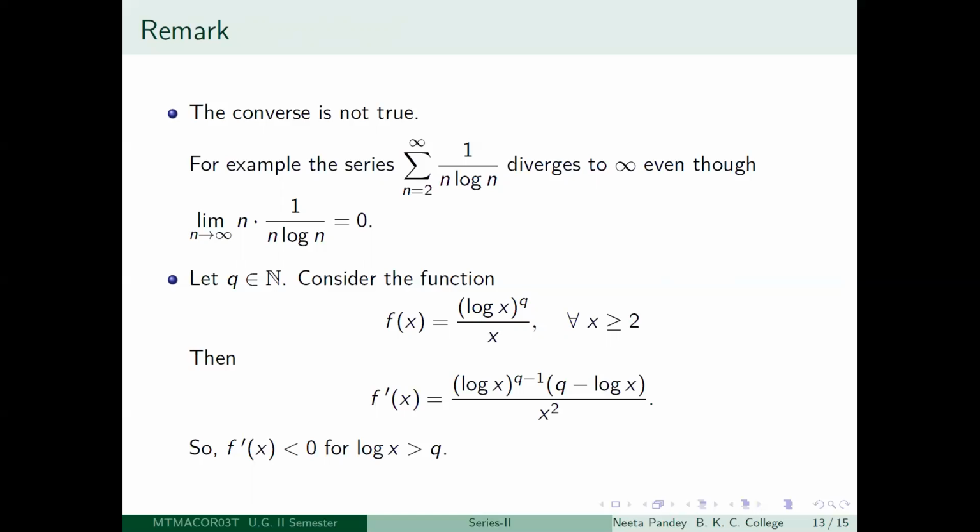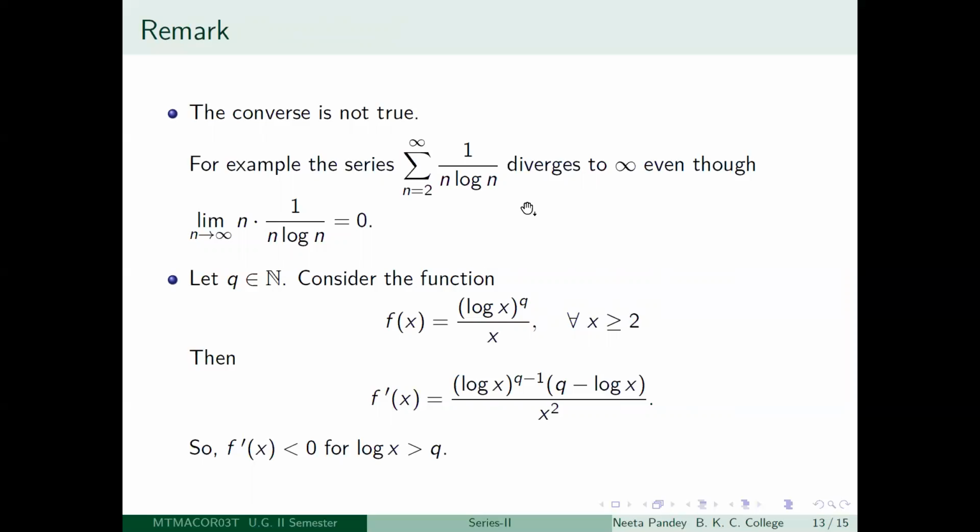So Abel-Pringsheim's theorem is only giving you a necessary condition. It is not giving you a sufficient condition. And here everything else is okay, right? The terms 1 by n log n are all greater than 0, and they do form a monotonically decreasing sequence. So that is perfectly all right.